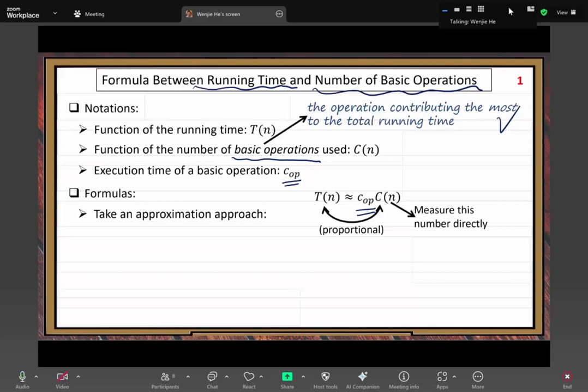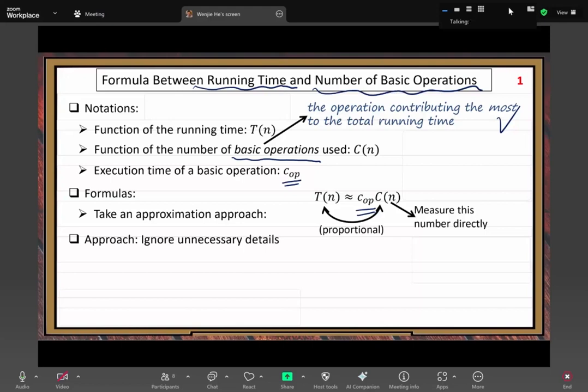We can calculate the C function formula without writing a program, without doing experiments. To get the T function, you need to write the program, then do the testing, then collect the data for the T function.